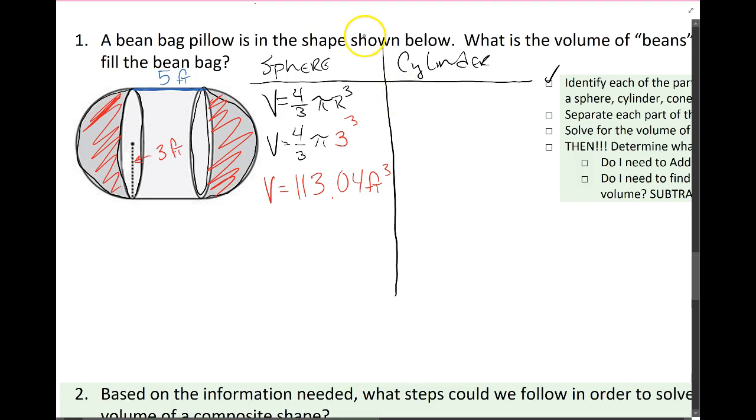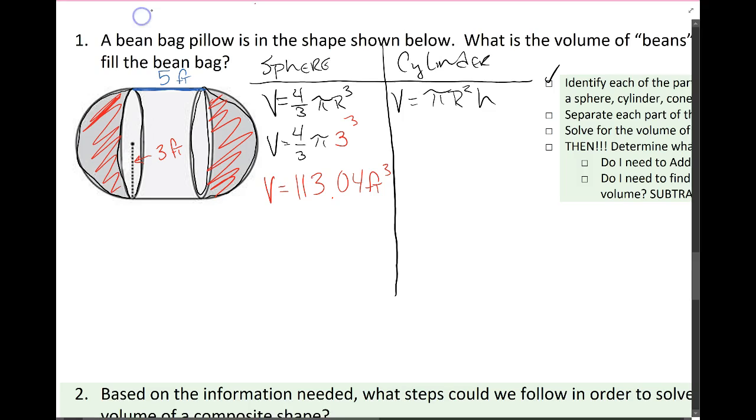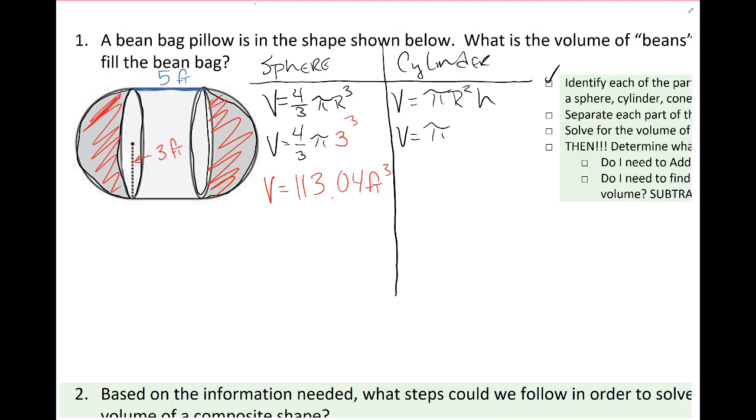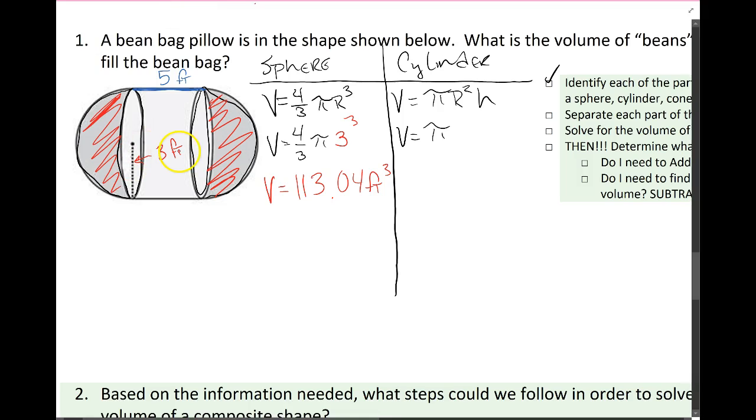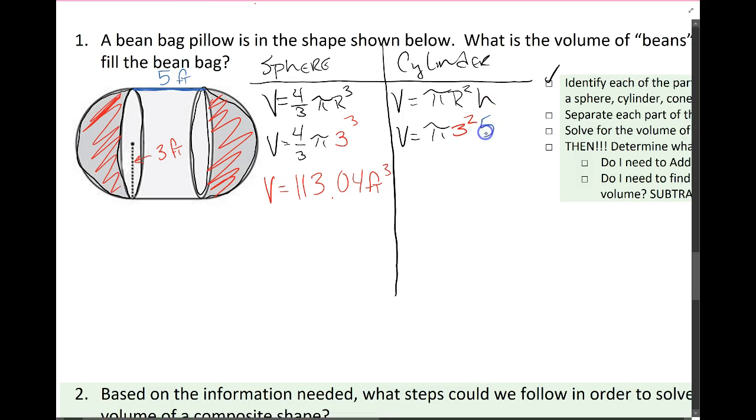Now I need to find this cylinder in the middle. The volume of every cylinder is equal to pi radius squared times the height. Let's plug in what I know. The volume is equal to pi times the radius, 3, squared, times the height, which we've already learned is 5.